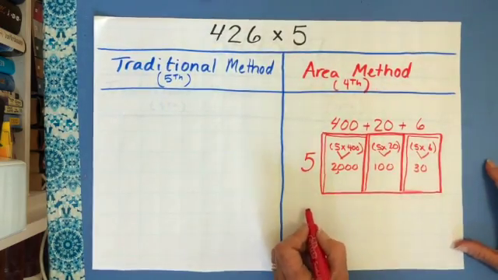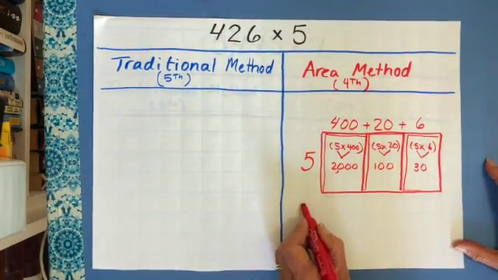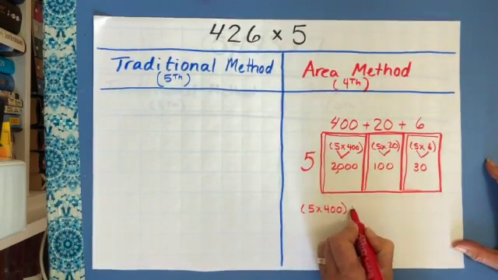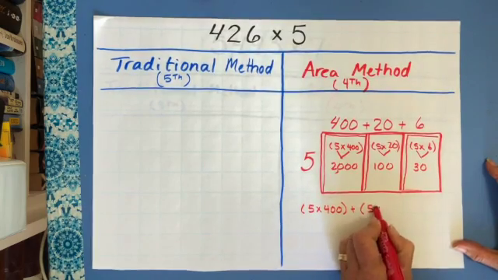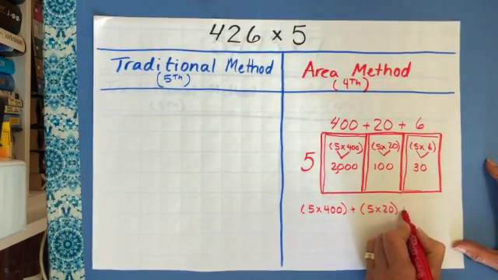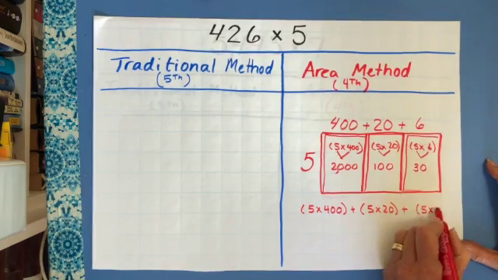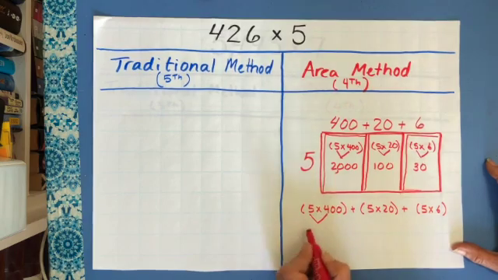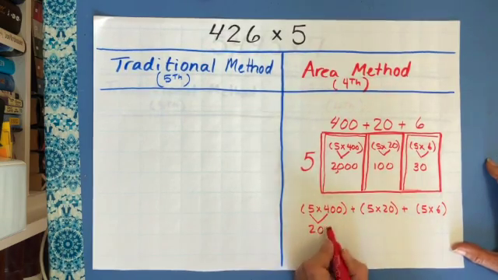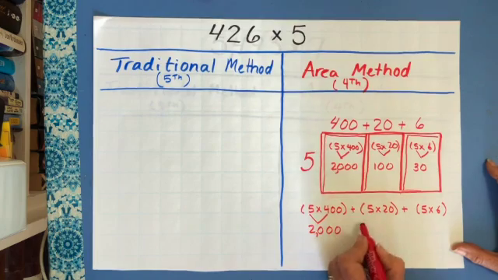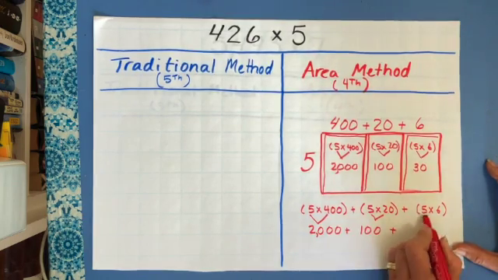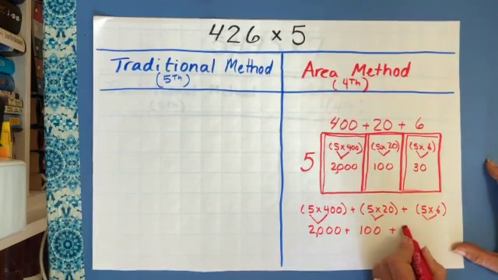Now if I wanted to write it as a partial product expression, I would write 5 times 400 plus 5 times 20 plus 5 times 6, and then I just find out what they equal. So 5 times 4 is 20, and then I've got 2 zeros, so I bring those down, plus 5 times 2, which is 10, and there's 1 zero, plus 5 times 6, which is 30.